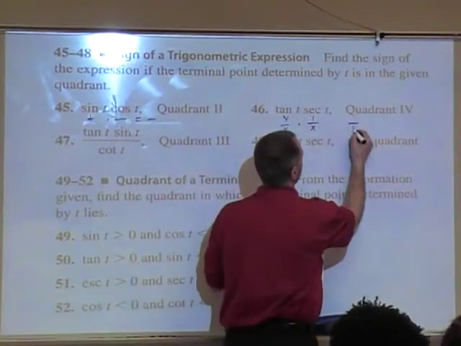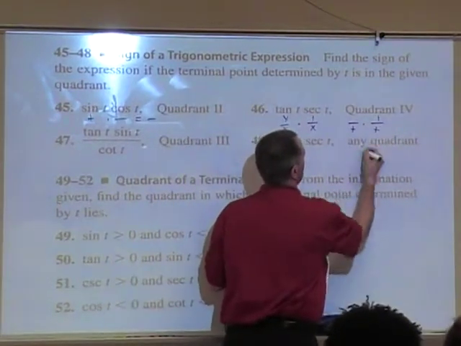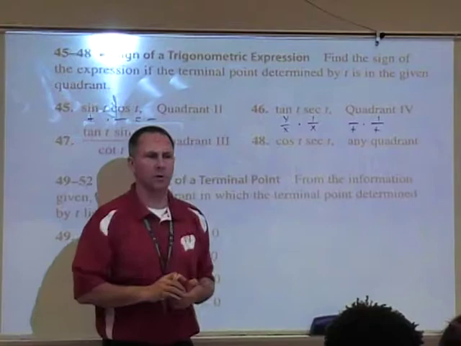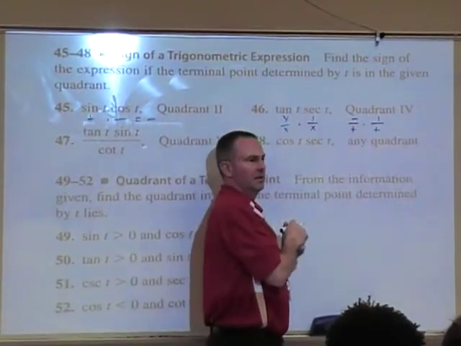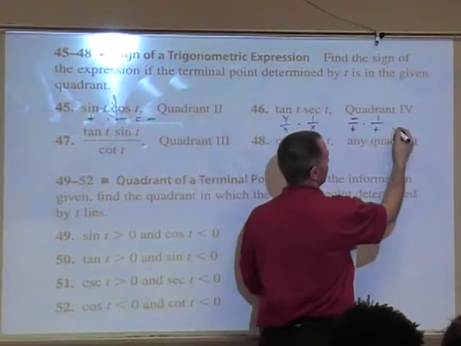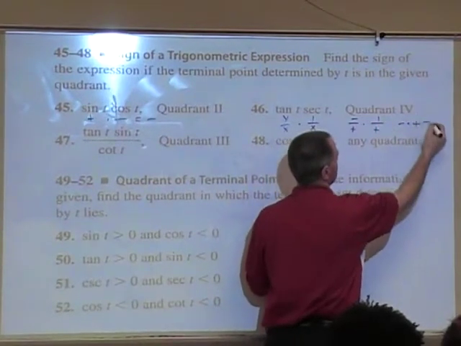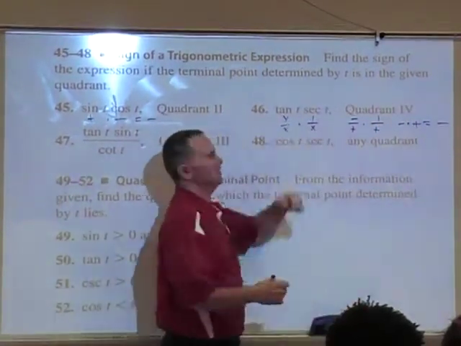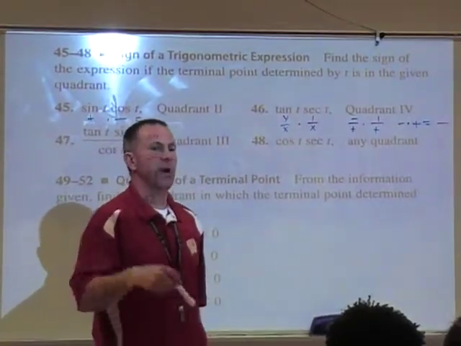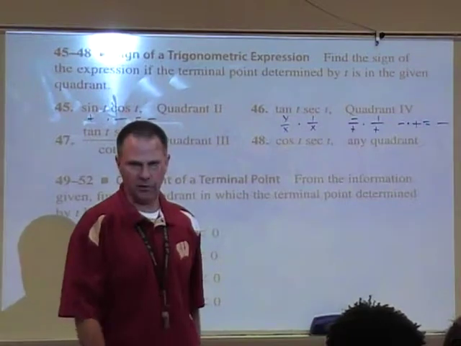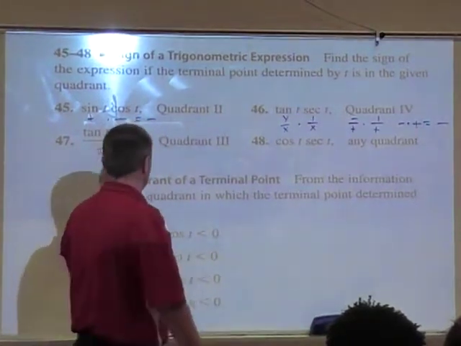And what's the y value in quadrant 4? Negative. What is a negative over a positive? Negative, and 1 over a positive is positive. So we have a negative times a positive, which is negative. So the tangent times the secant is going to be a negative value when you're done. It's just practicing understanding what your values are. That's all it is. All right, so you can do the rest of those.